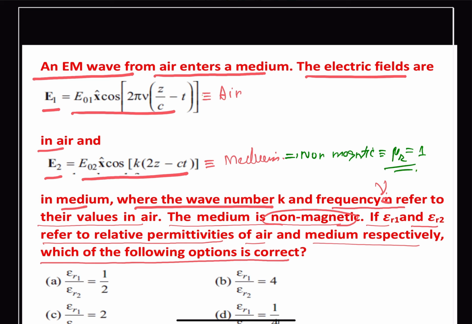And we have to find out the relationship of the relative permittivities. So let us take the equations one by one and try to solve. Let us call this equation number 1 and this is our equation number 2.